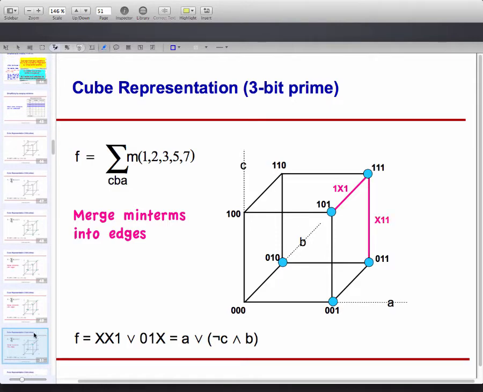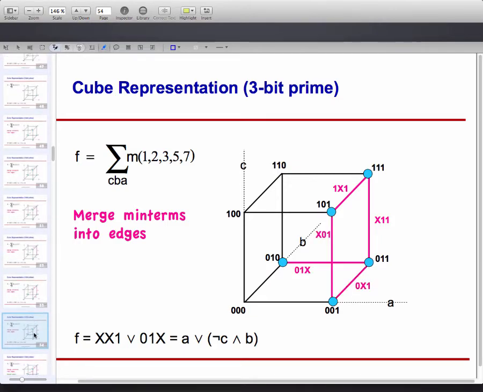And so we do this one, and I'm coloring them with this purplish, pinkish color, and this one at the back. And I represent these edges by replacing one of the positions with an x, corresponding to whichever dimension that edge is in.